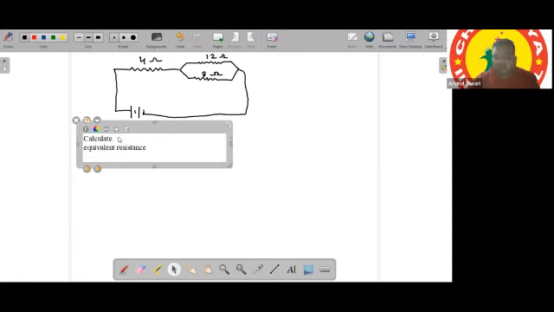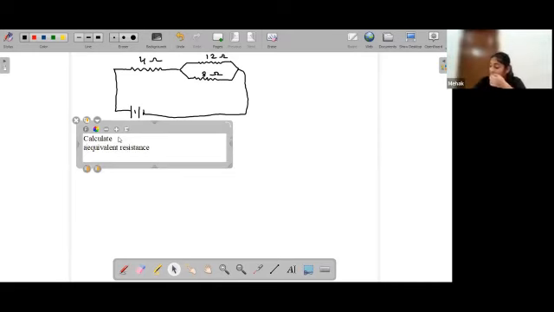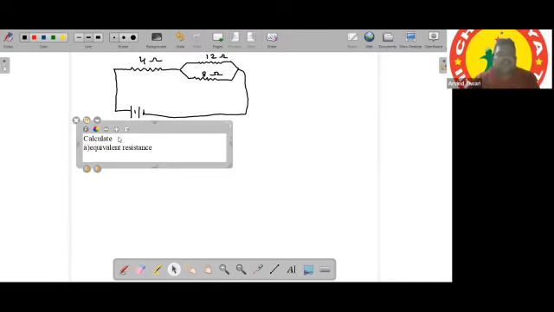So have you calculated the equivalent resistance? One minute. You just compute the equivalent resistance. Then you need to compute the total current drawn from the battery.